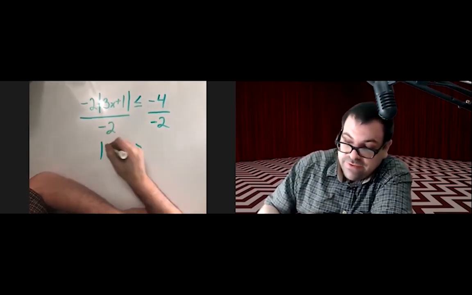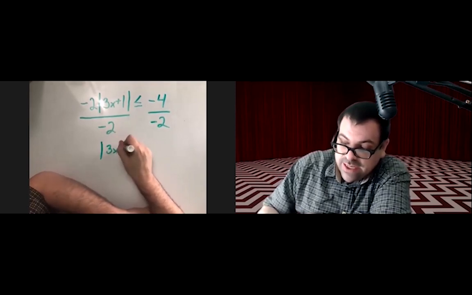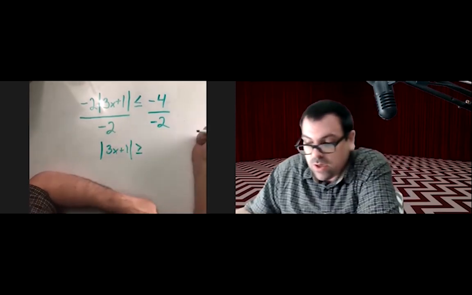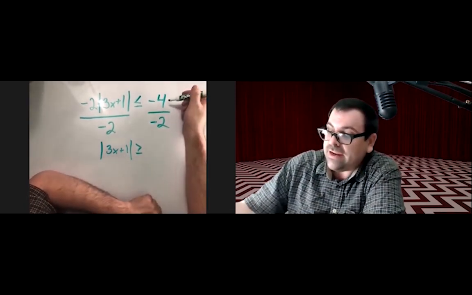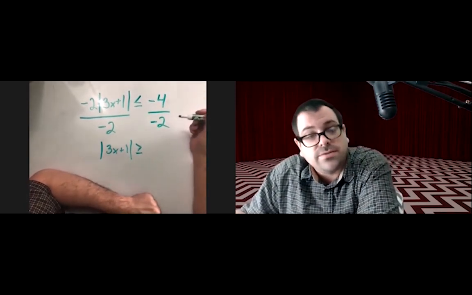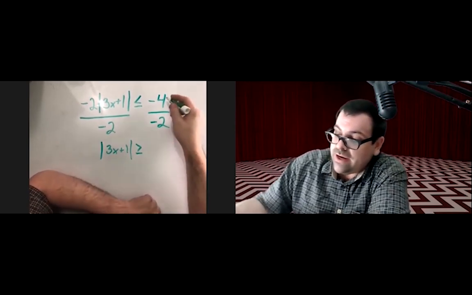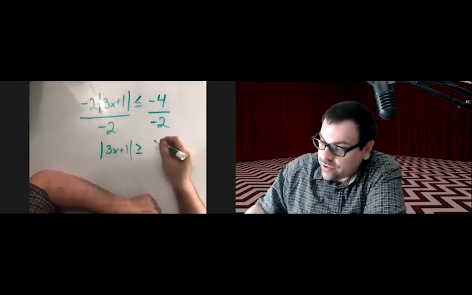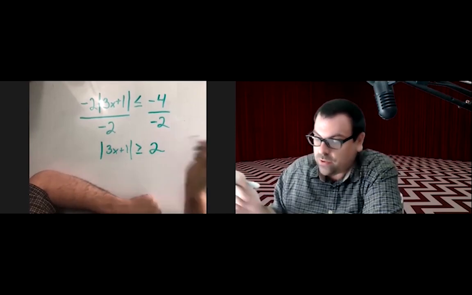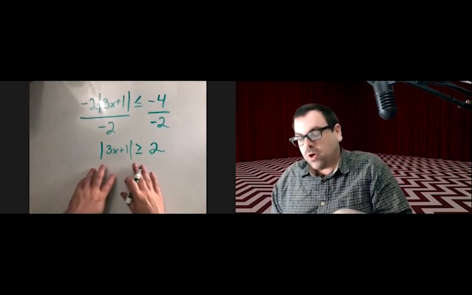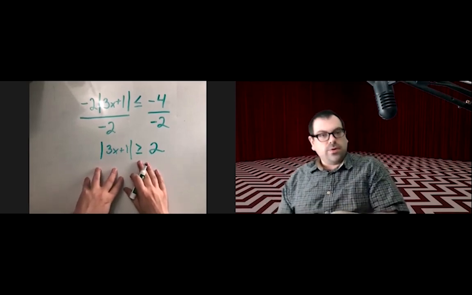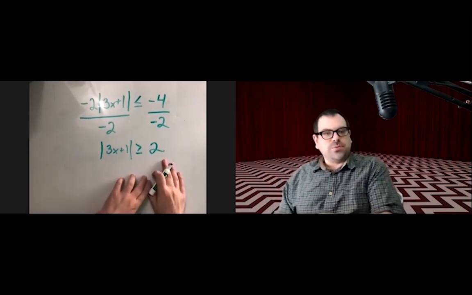We're just going to have the absolute value of 3x plus 1 on one side. On the other side, negative divided by negative is positive. So -4 divided by -2 is +2. So here we have absolute value greater than or equal to +2.